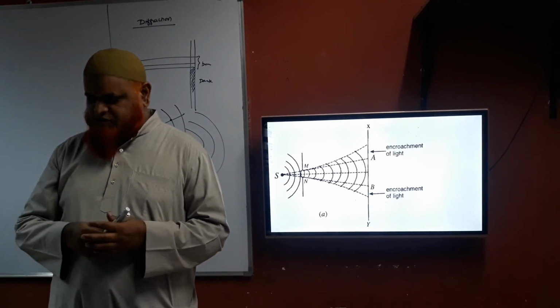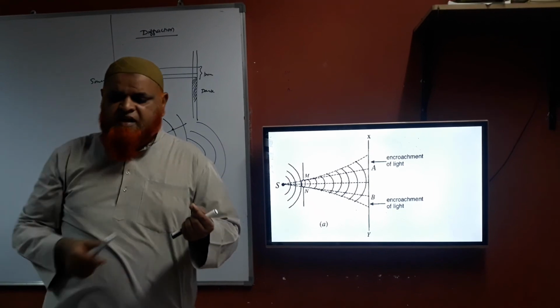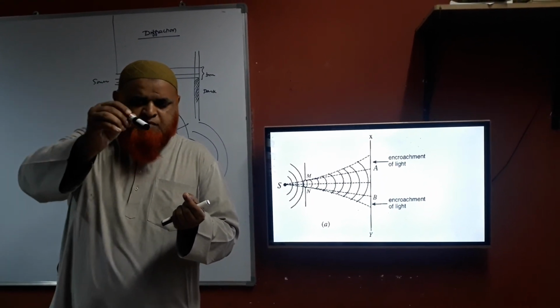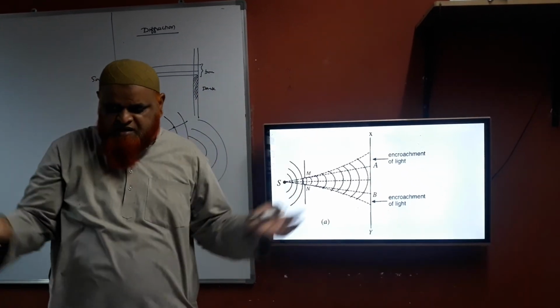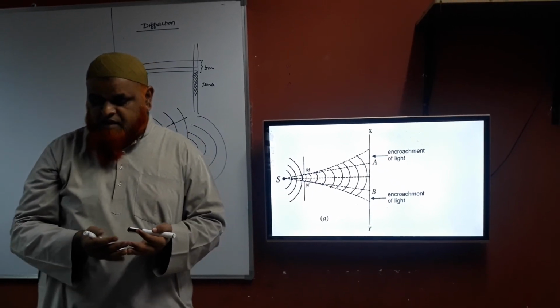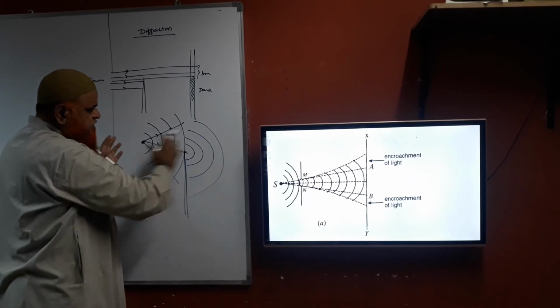What do you mean by wavefront actually? From the source, light rays are coming in different directions, and up to a certain distance, you draw the points and join all the points, and you get a spherical shaped wavefront. Understand? These wavefronts move.